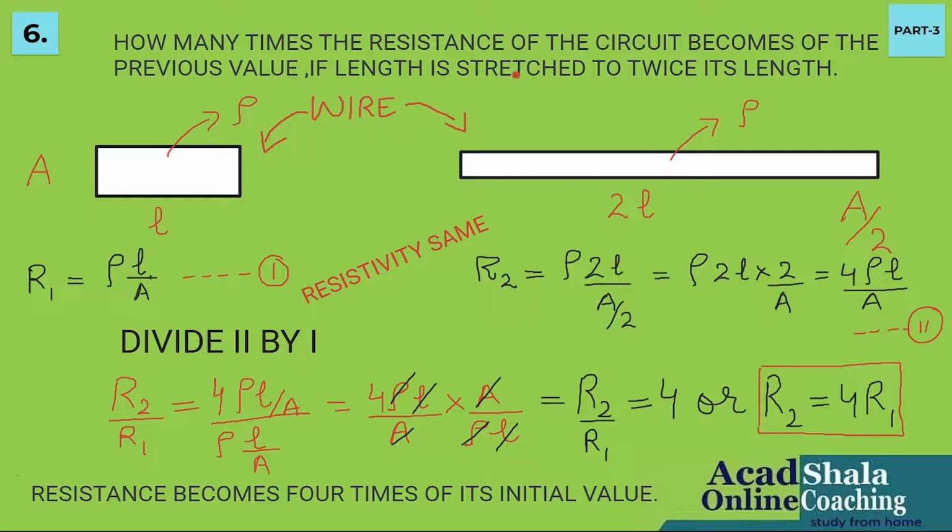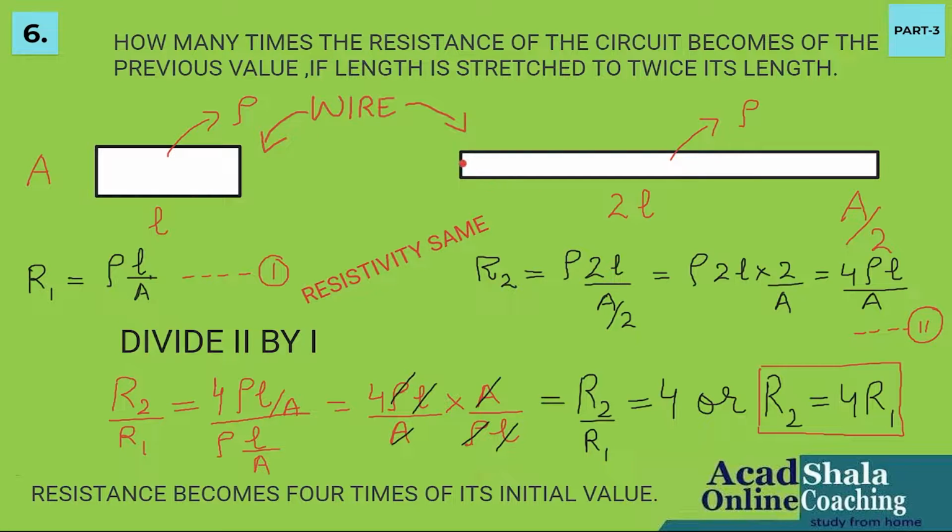Now, according to the demand in the numerical, we are having a wire which was having previously area A, length L and resistivity rho. Now, I have stretched this wire like this as shown on the screen.